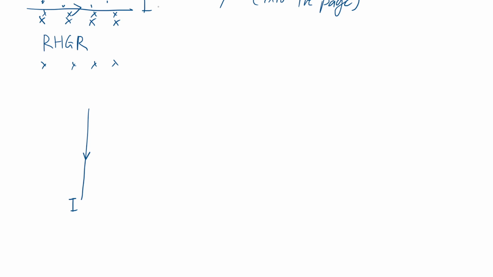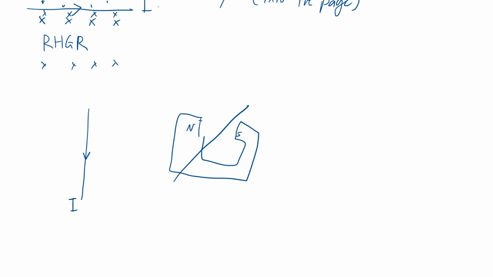That could be provided by, for example, a horseshoe magnet, north-south, and you pass a wire through it. So you'd have field lines going north to south. In this example on the left, let's just suppose the external magnetic field is into the page and current is down.